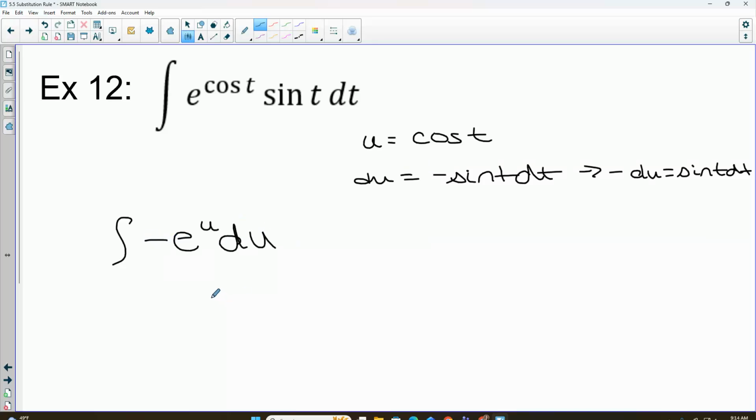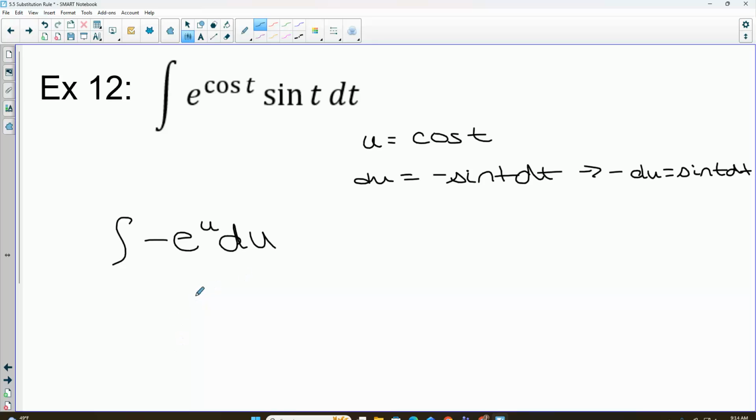What has a derivative of e to the u? Natural logarithm? Oh, you're thinking like inverse. Remember with e's, what happens when you do the derivative of an e? It's just e. It stays, doesn't it? Derivative of e to a power is still e to that power.